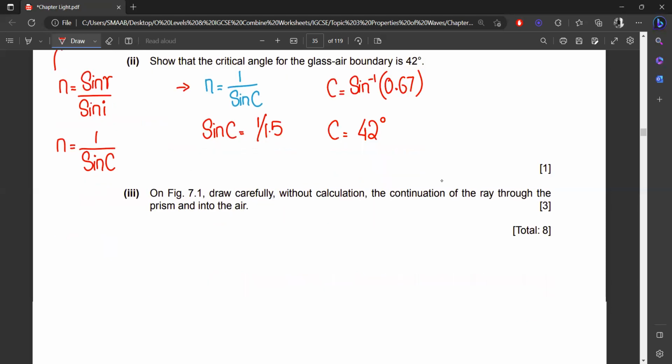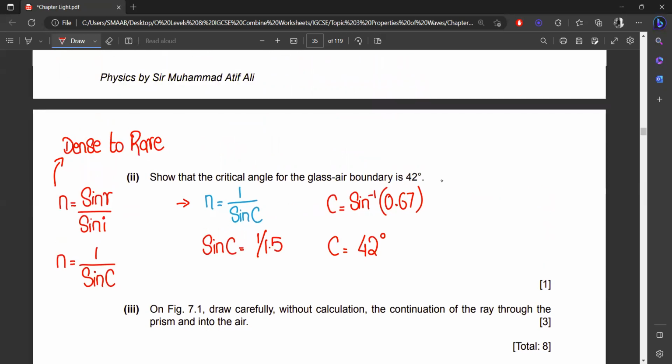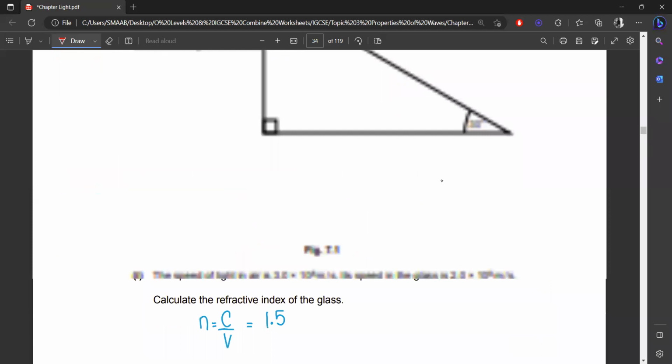In figure 7.1, draw carefully, without calculation, the continuation of the ray through the prism and into the air. So we have to draw with the reference given in the diagram.